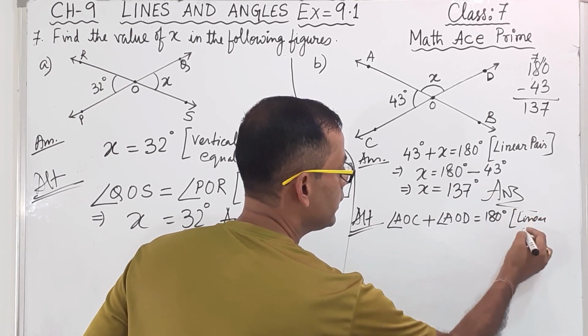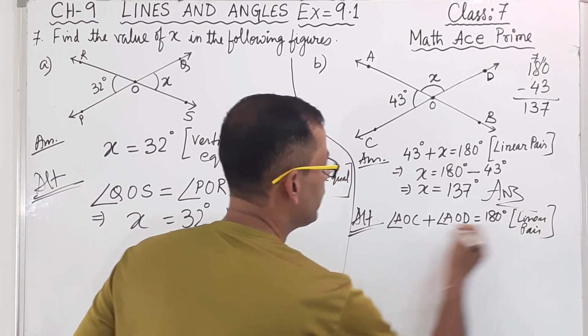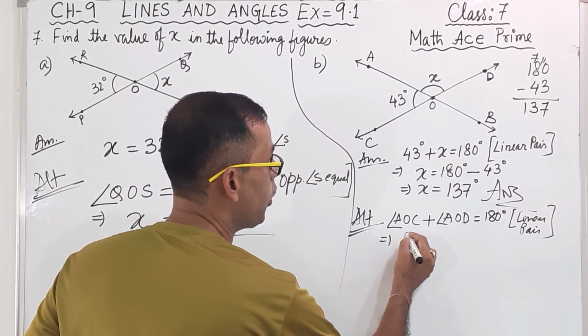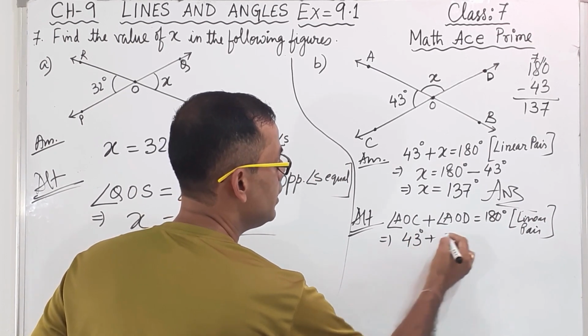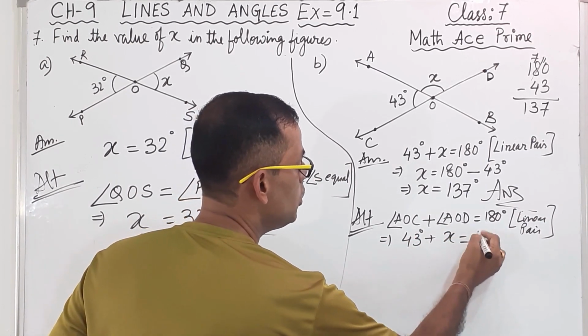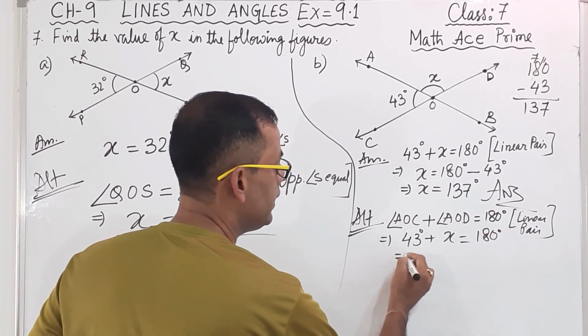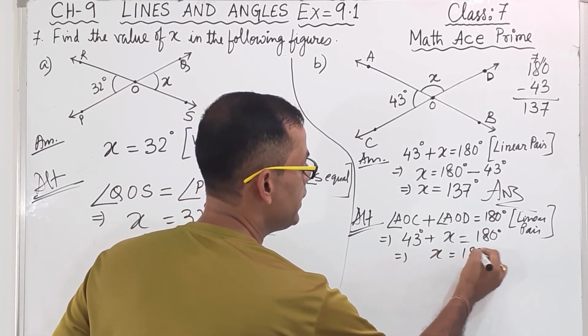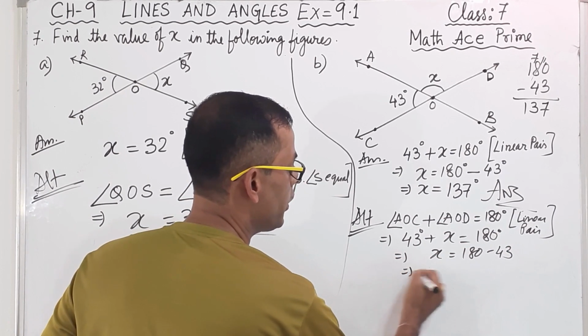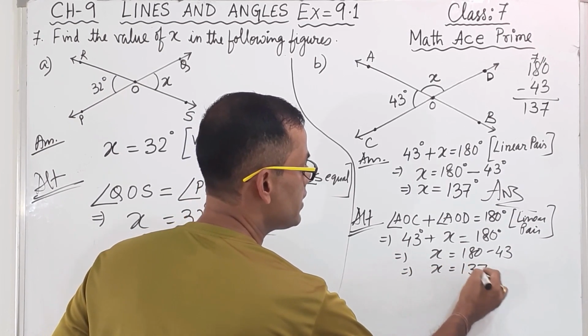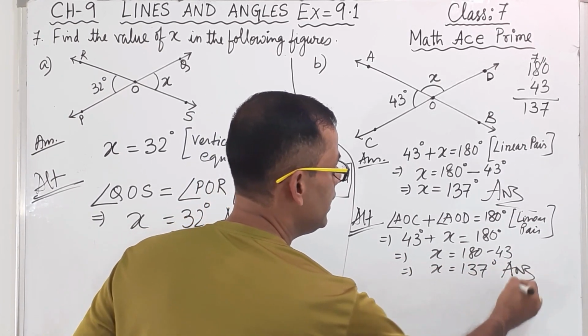Linear pair. Then you can write 43 plus x equal to 180 degree, and then x equal to 180 minus 43. So what you get? x equal to 137 degree, and this is the answer.